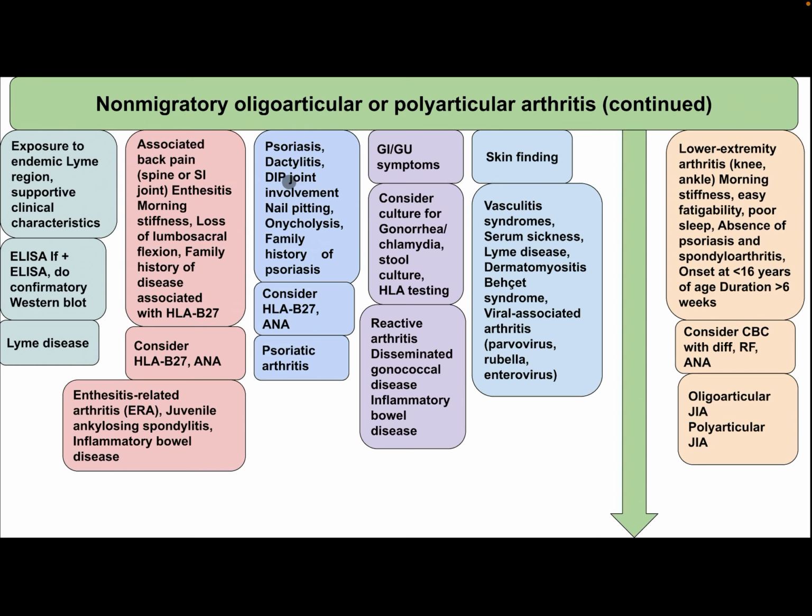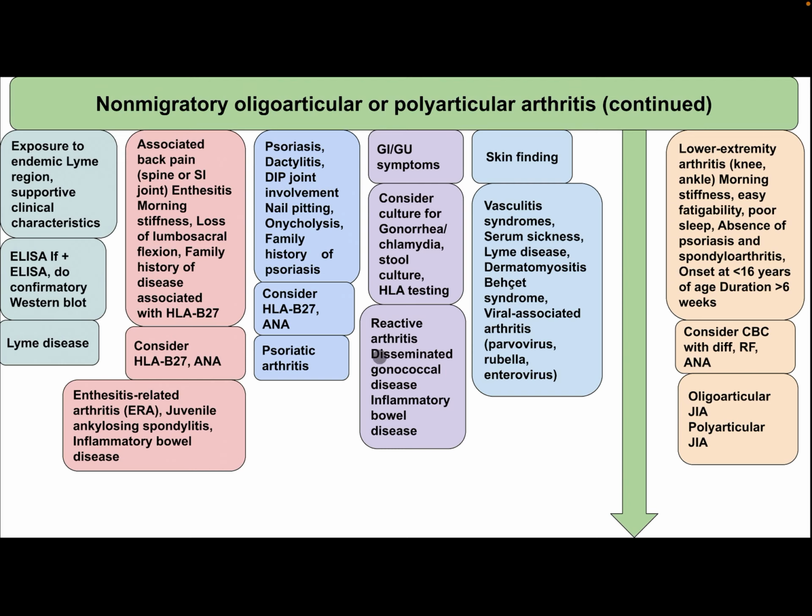If patient has psoriasis, dactylitis, distal interphalangeal joint involvement, nail pitting, onycholysis, family history of psoriasis, also patient needs HLA-B27 and ANA. Differential diagnosis: psoriatic arthritis. If patient has gastrointestinal symptoms or genitourinary symptoms, patient needs culture for gonorrhea, chlamydia, stool culture, HLA test.